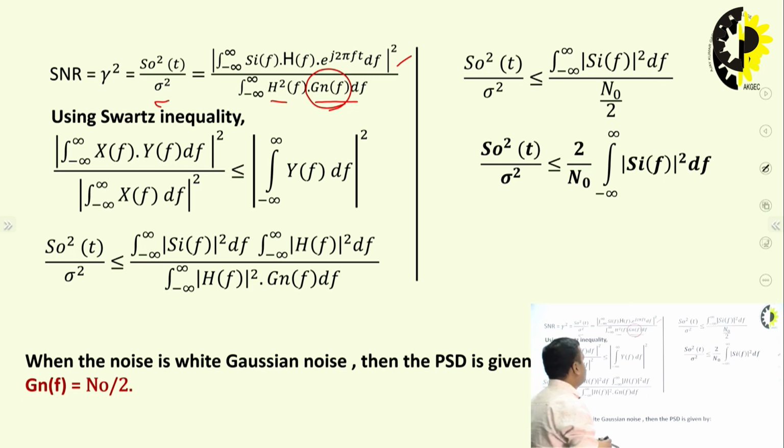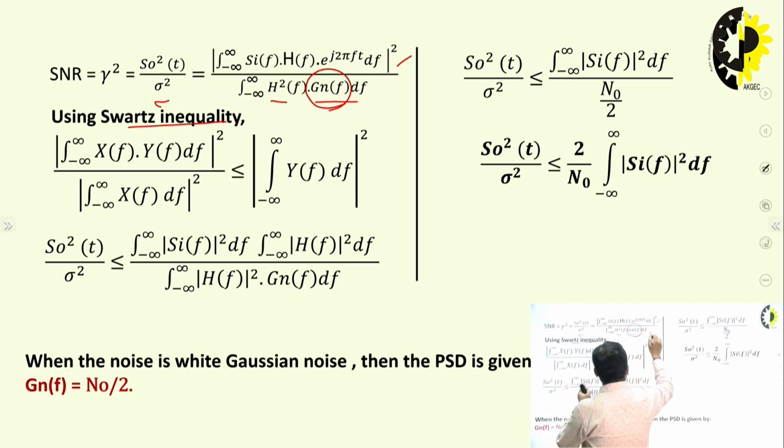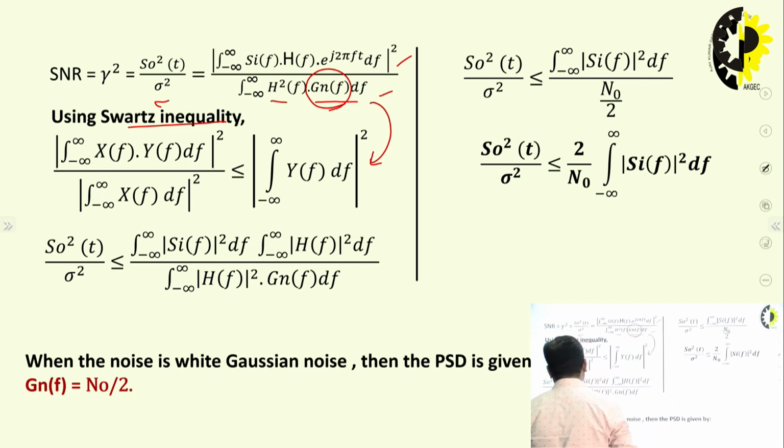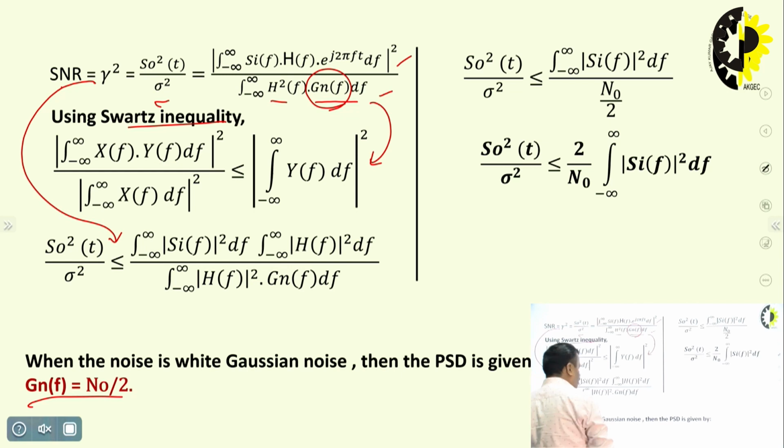Okay. So now using the Schwarz inequality, you have to make this formula as per the Schwarz inequality. If you transform this as per the Schwarz inequality, you will get this term in this way. Now we know the noise is white Gaussian noise, so Gn(f), that is the power spectral density of noise, is equal to N0 by 2.